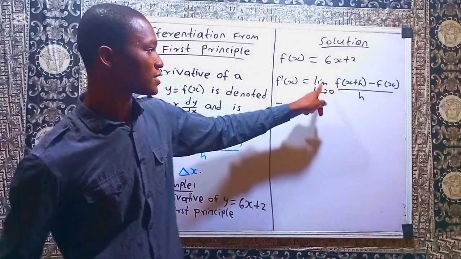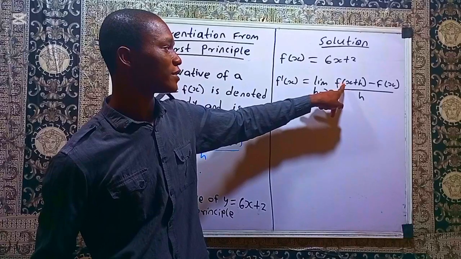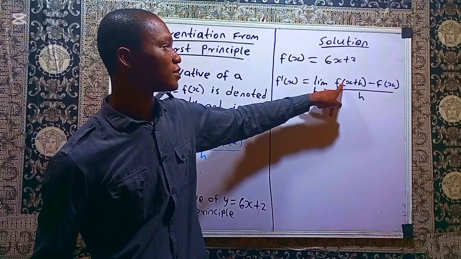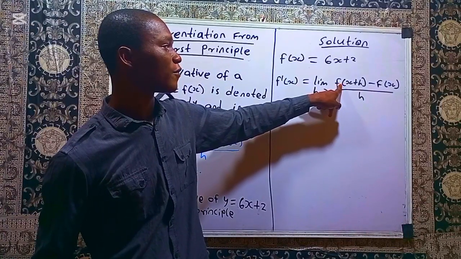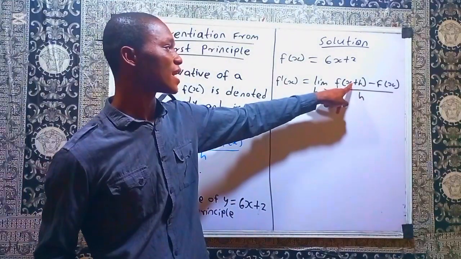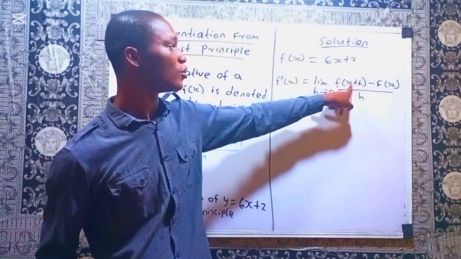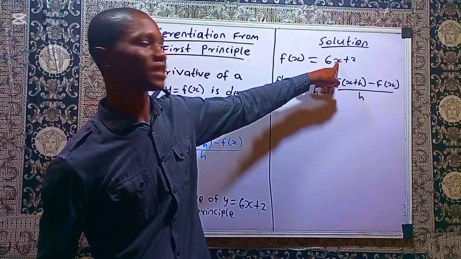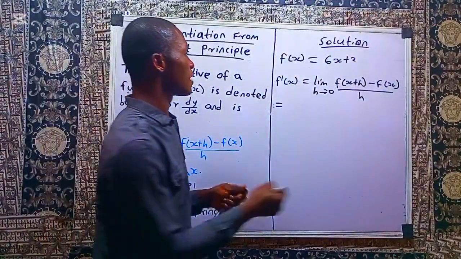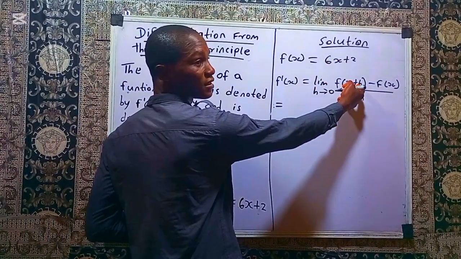So look at the formula we have here. The first thing we have after the limit is f of x plus h. What is inside f is now what? x plus h. That is what is inside f. So I will replace it with this x here. So instead of 6x, what is inside is this thing.